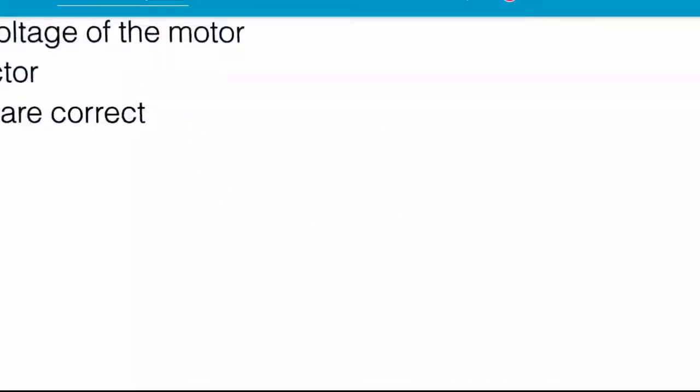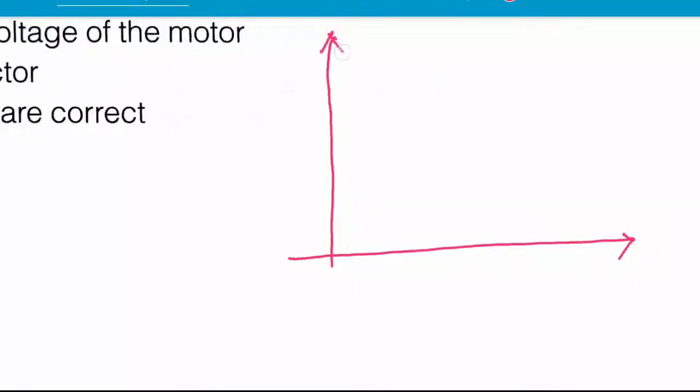In case of synchronous motor, the two most important things are the inverted V curve and the straight V curve. This is IF, that is field excitation, and this is terminal voltage, and this is the inverted V curve.